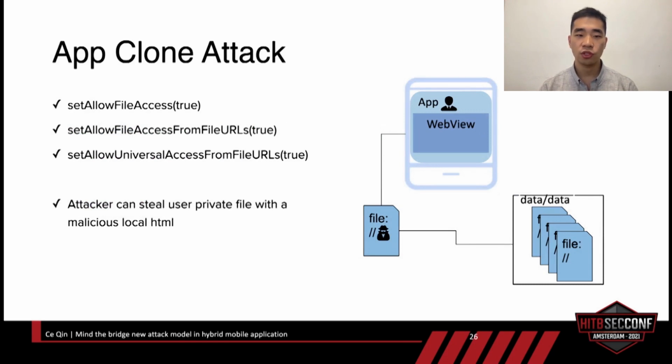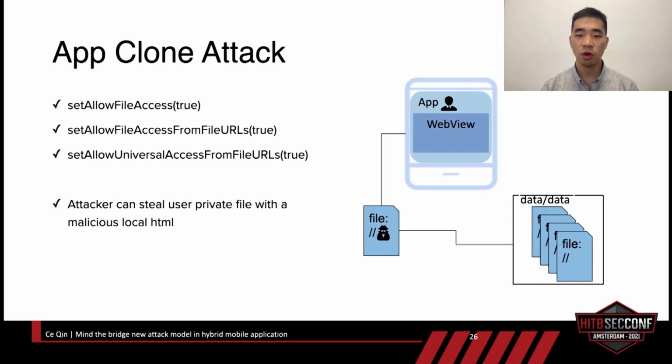Another well-known issue is the app clone attack. If WebView sets these three functions to true or leaves the default value, an attacker can steal the user's private files with a malicious local file. With the help of setAllowFileAccess, WebView can load a local page.